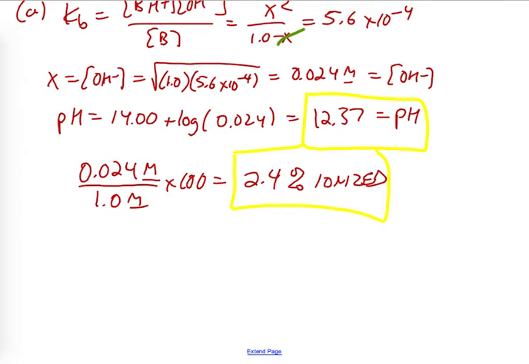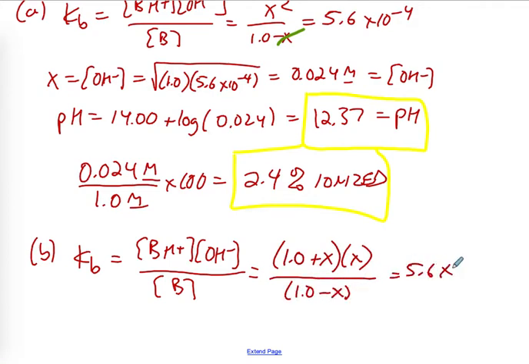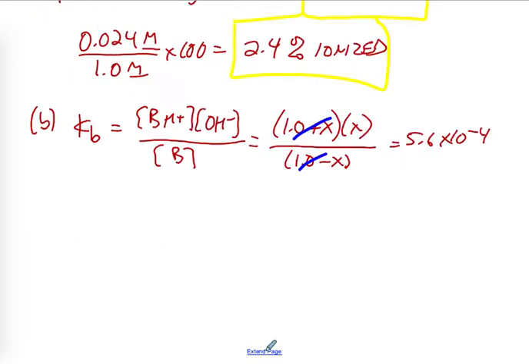Now, for part B, let's consider the following. My Kb expression is the same, but now my concentration of the ethylammonium cation, the conjugate acid produced in the ionization, is the initial concentration plus the further ionization, divided by 1.0 minus x, equals 5.6 times 10 to the negative fourth. Once again, the simplifying approximation is valid, and I obtain that x, the hydroxide ion concentration, equals 5.6 times 10 to the negative fourth molar.